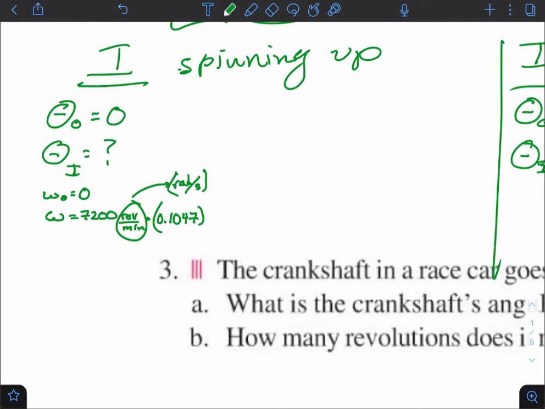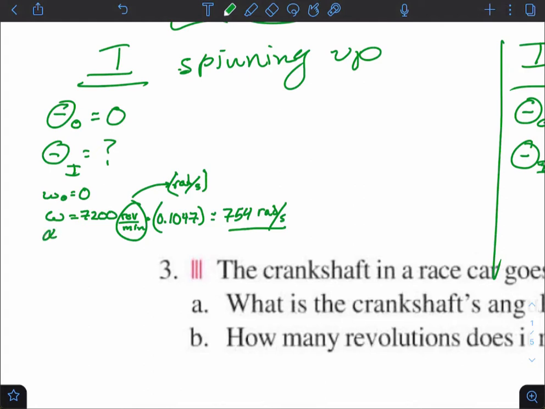That's a shortcut that you shouldn't use unless you feel very comfortable. But if you're not comfortable with this, you should do it the old-fashioned way. Regardless of how you do it, you should get just about 754 radians per second. You might be a little high or a little low, but that's about what you're getting for the final angular velocity.